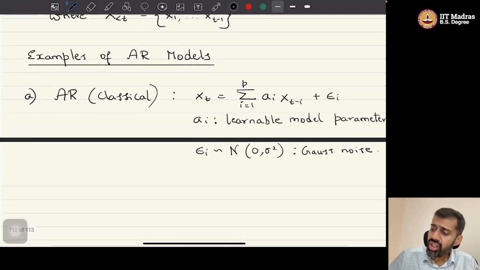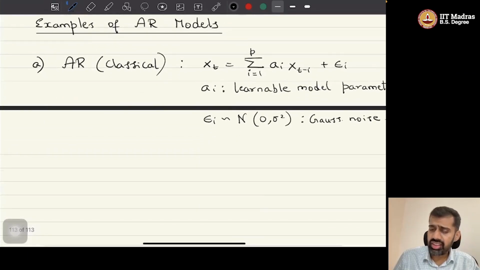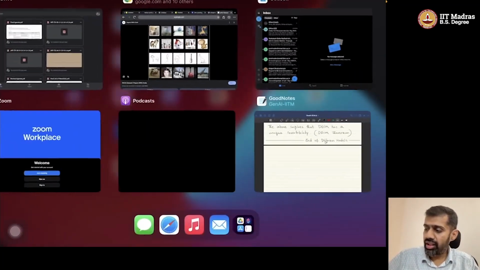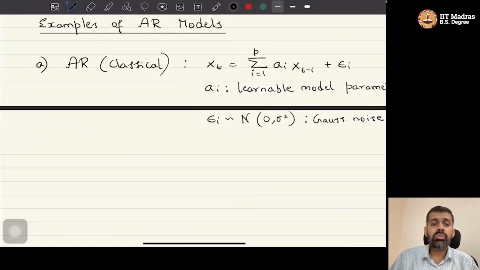Now these models, even though they are pretty good at modeling data that does not have too much complexity or dependency between the previous points, cannot model very complex sequences such as natural language. So people moved to what are called the neural autoregressive models.